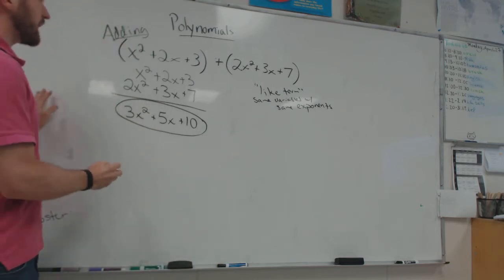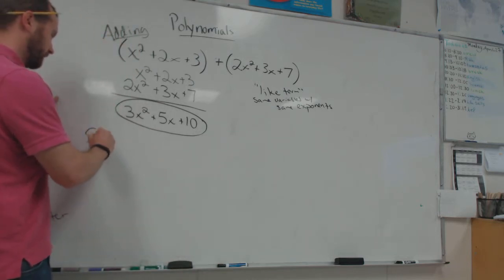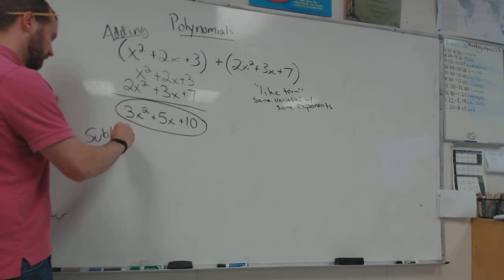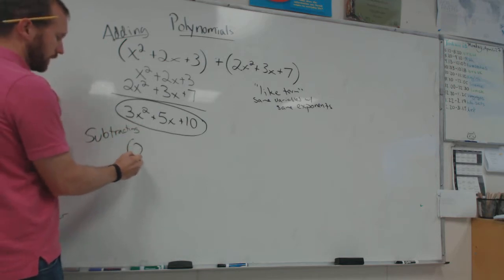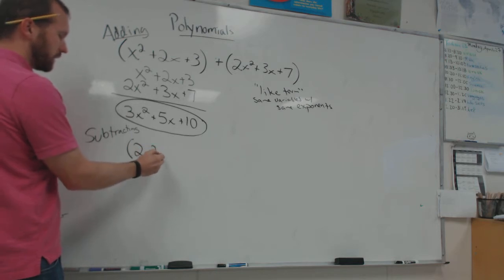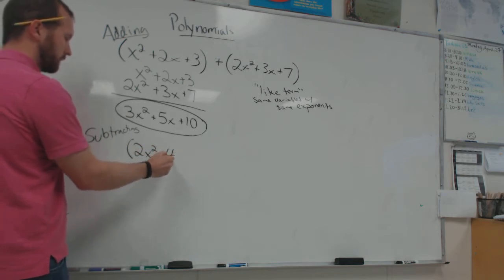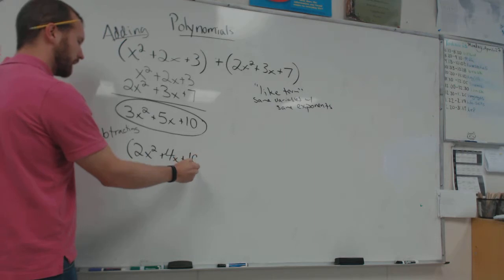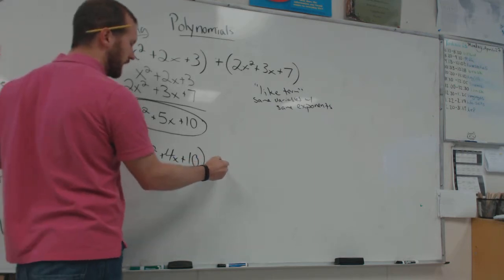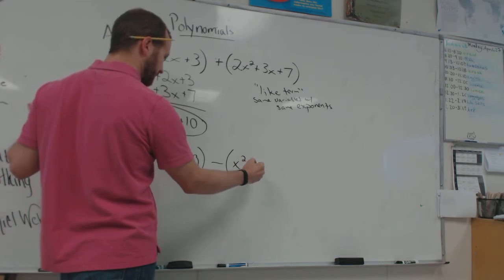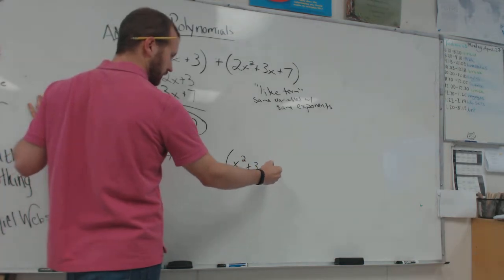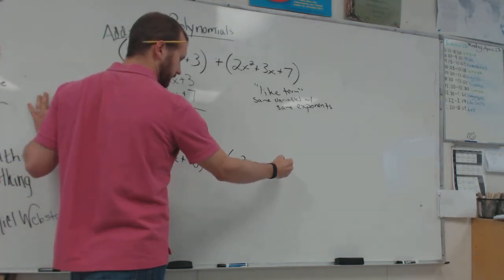So what if we're subtracting? It's not really a twist. Let's say I have 2x squared plus 4x plus 10, and then it says minus x squared plus 3x plus 5.